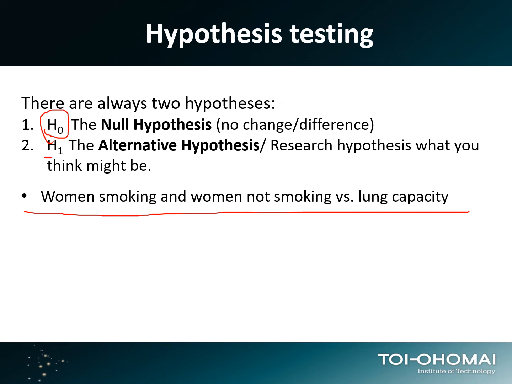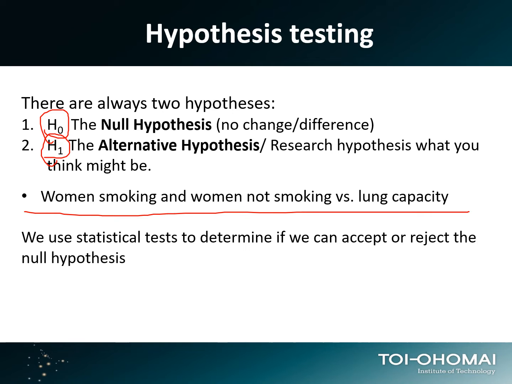And then we have the H1, or the alternative hypothesis. And this is really what we're testing, what we think about when we write a hypothesis. It says that there will be a difference in lung capacity between women who smoke and who don't. This is what we're thinking about when we start our experiment and what we're generally testing.